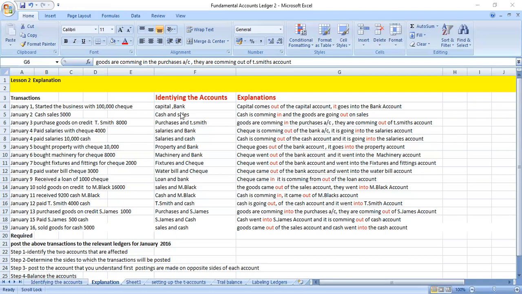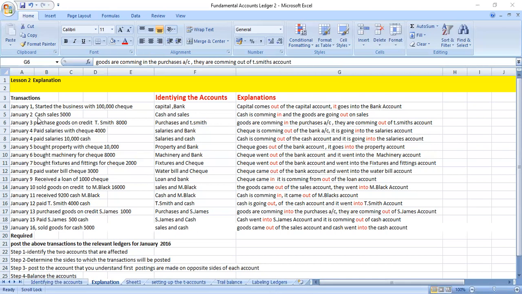So we now know our two accounts. How do we place those in the ledgers? We would have two ledgers, one for capital and one for bank, or two T accounts. The capital is coming out of the capital account and it goes into the bank account so that we can have access to the money, the capital that we would like to spend.